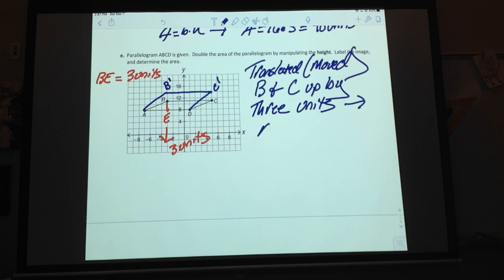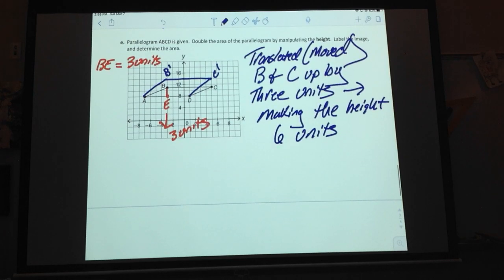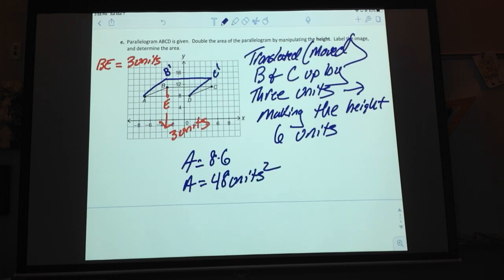Therefore, making the height 6 units. I've now made the height 6 units. So, now we can do this. Area is 8 times 6, so area is going to be 48 units squared.